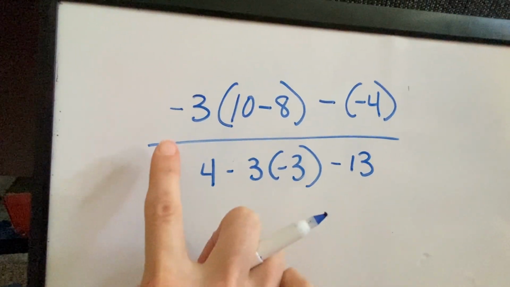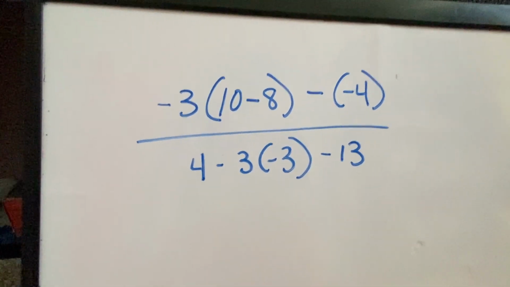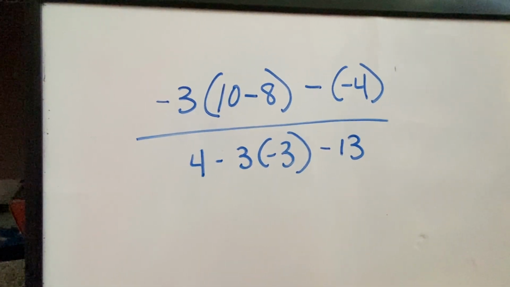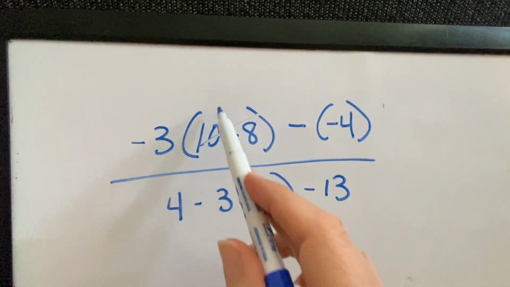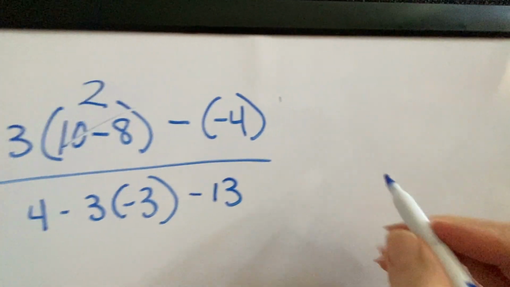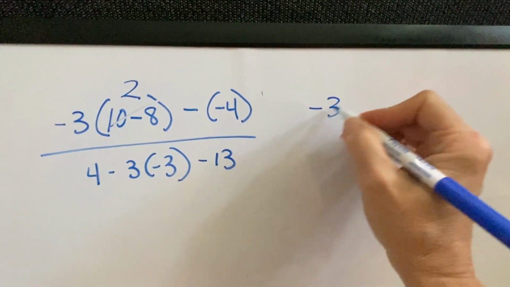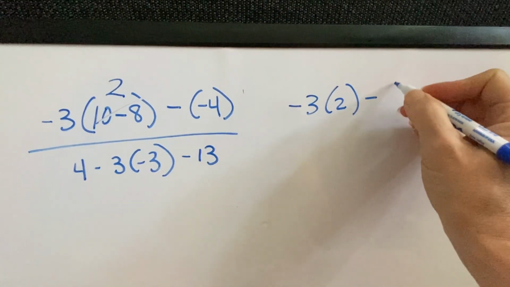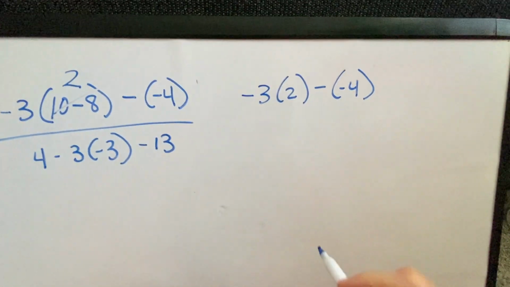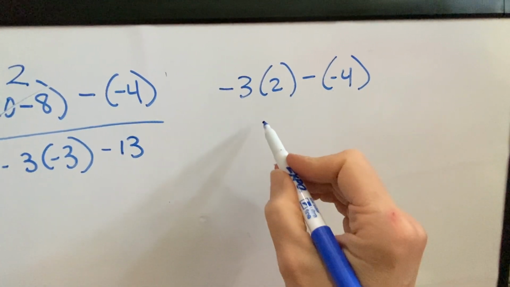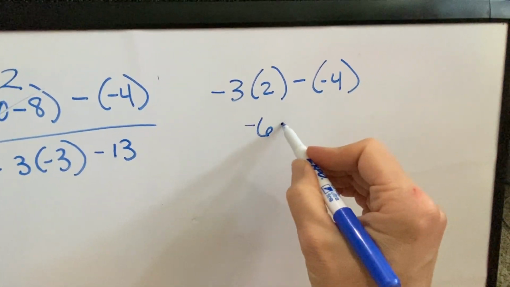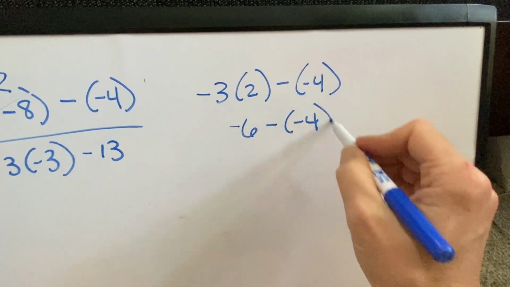Okay, so let's look at the top only, and let's focus on our symbols of inclusion. This is 10 minus 8, which is 2. Okay, so I have -3 times 2 minus -4. So multiplication first. -3 times 2 is -6, minus negative 4.